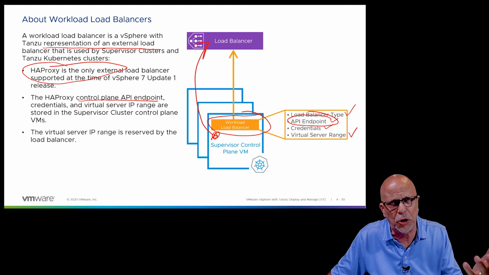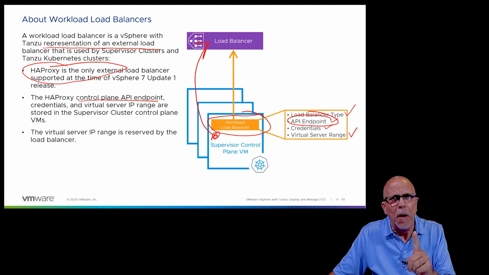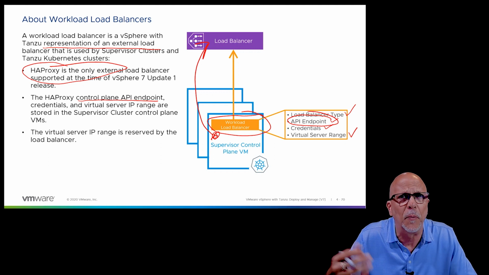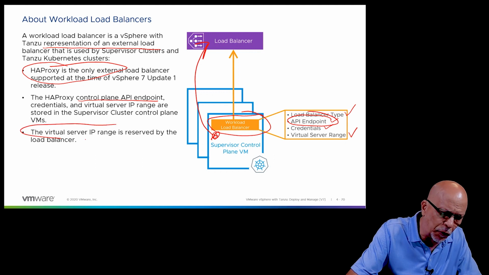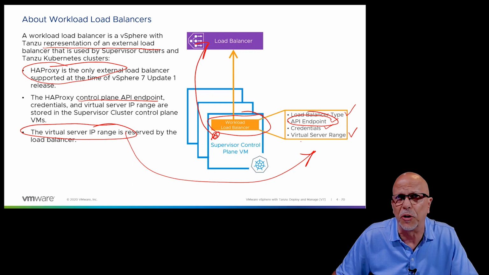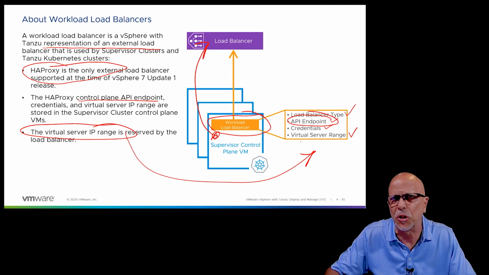And when we say instantiate, it's the virtual server. So we're using one VM, but it could have multiple IP addresses attached to it each time we want a new load balancer to load balance to my workload or my pods. So that virtual server IP range is what you're defining, and you're doing that during the setup when you're enabling workload platform, which you'll see in the slides coming up.